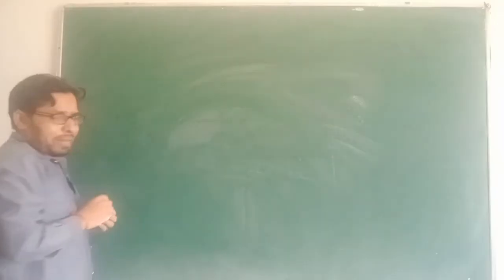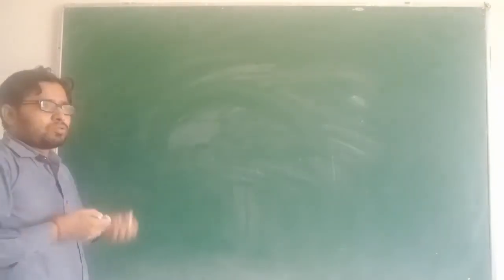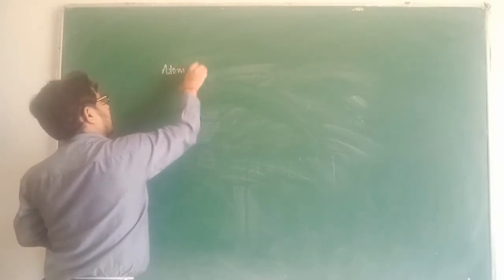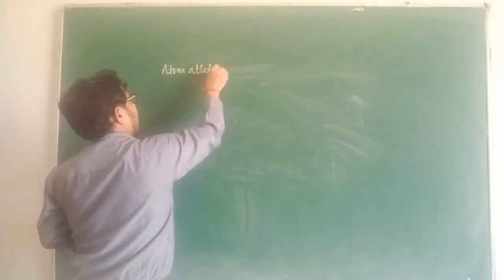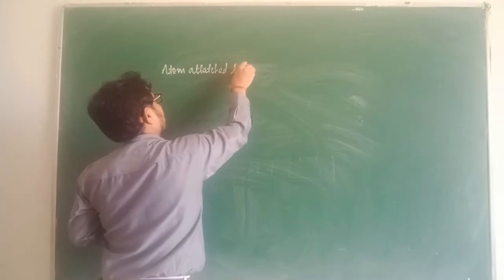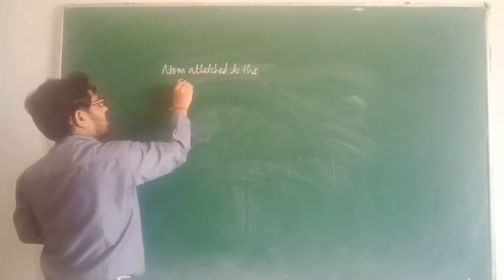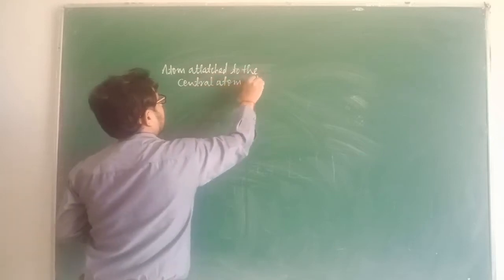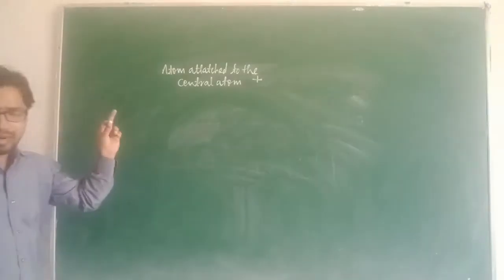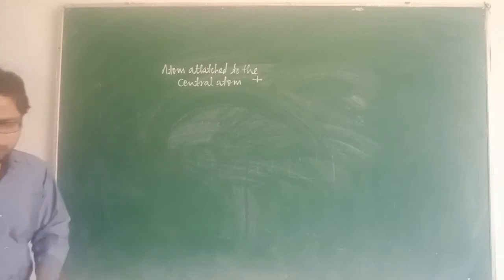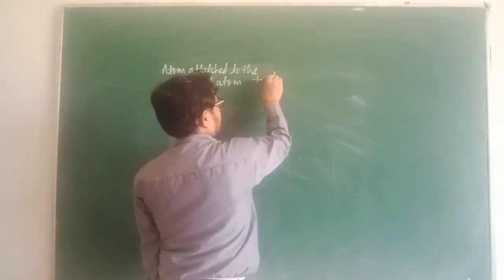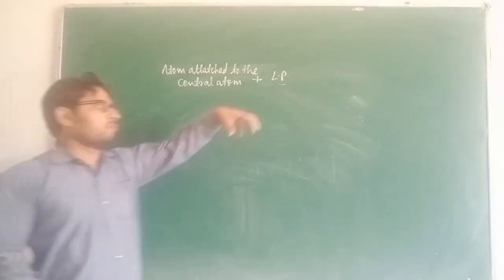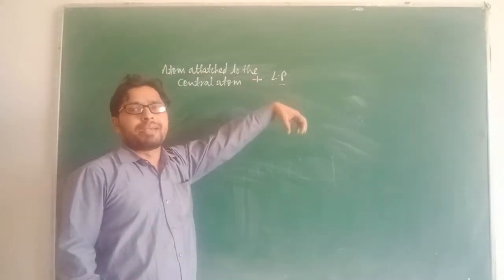The formula I am going to tell you is: atoms attached to the central atom plus lone pair. A lone pair means the pair of electrons that are not bonded, that is free.